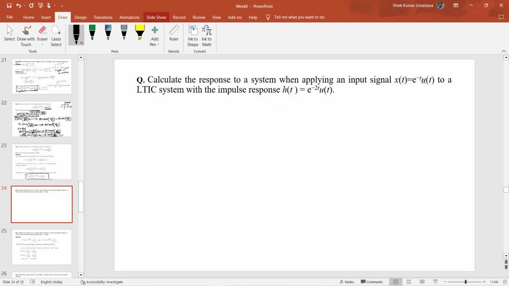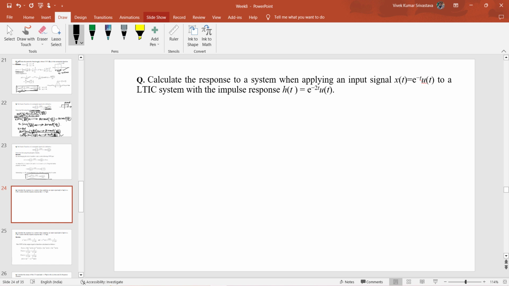Okay, so now moving ahead. So the next problem states that calculate the response of a system. Calculate the response of a system when applying an input signal x of t as e raised to the power minus t u of t to a linear time invariant system with the impulse response h of t given as e raised to the power minus 2t into u of t.